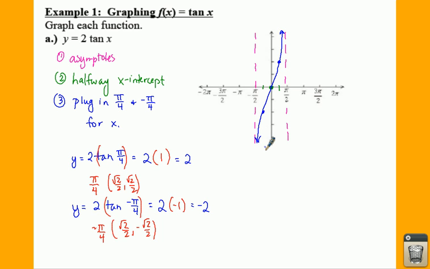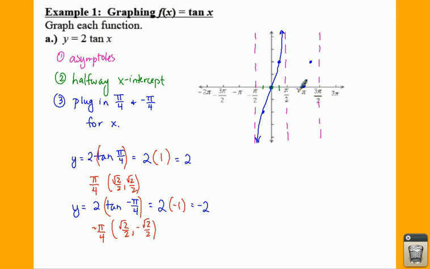Perfect. So if you want to draw more than one cycle for each of these graphs, we can just extend our asymptote over here to 3 pi over 2, draw another one in here, put a dot in the center at pi, and then halfway between pi and 3 pi over 2 we would go up 2 and put a dot.